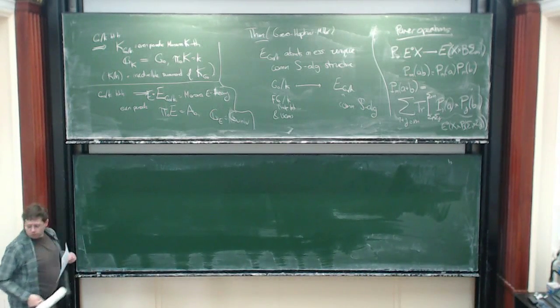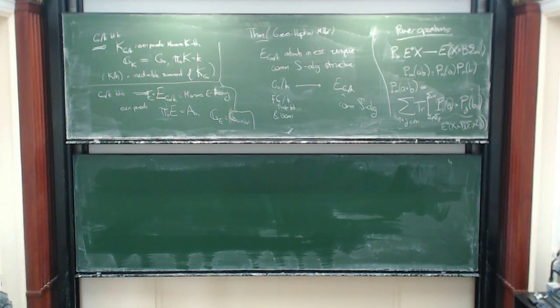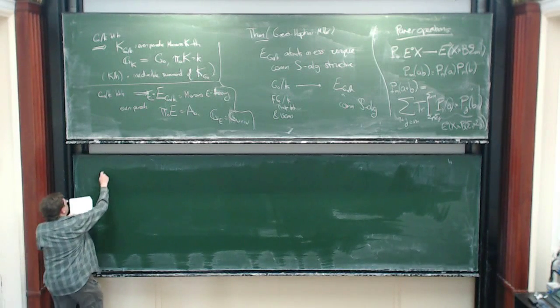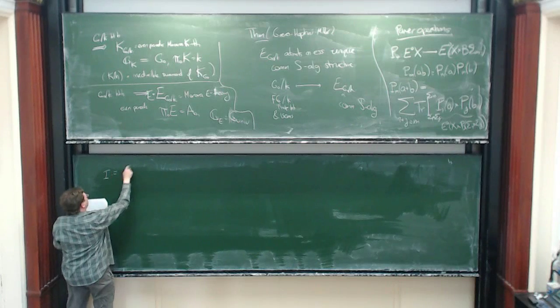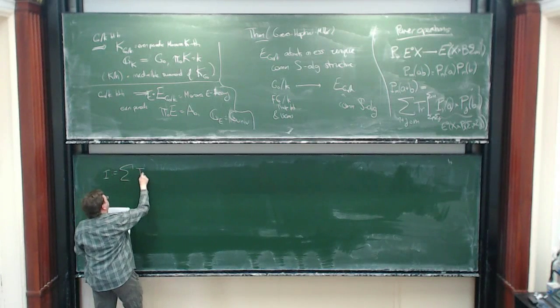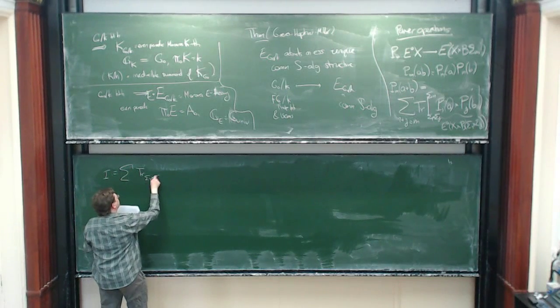All ideals are probably going to be called I or something. There's going to be a lot of them, but they're all of this form. So I is going to be the sum of the images of the transfers.